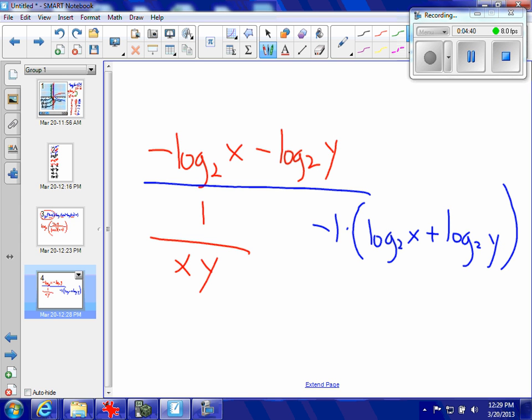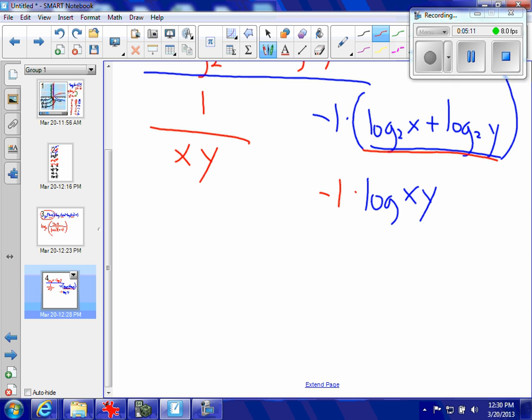I know that this expression right in here is the same thing as log xy, because they're added together, right? Are we okay with that? And that's times negative 1. So any negative logarithm is under it. Well, let's use the power property.